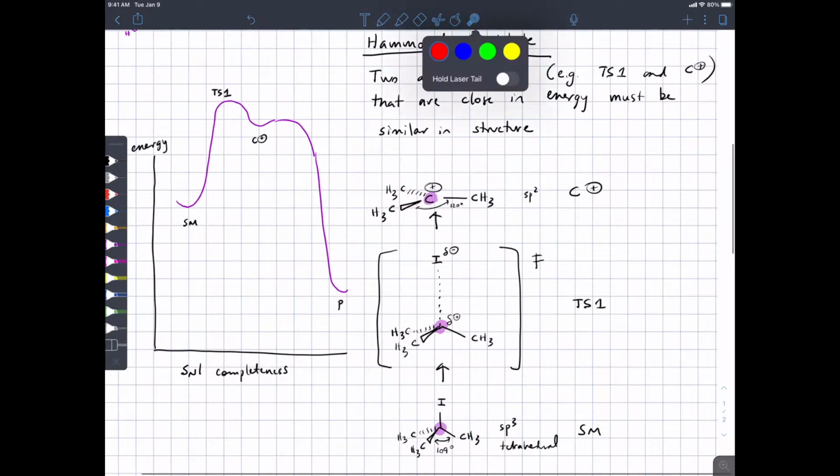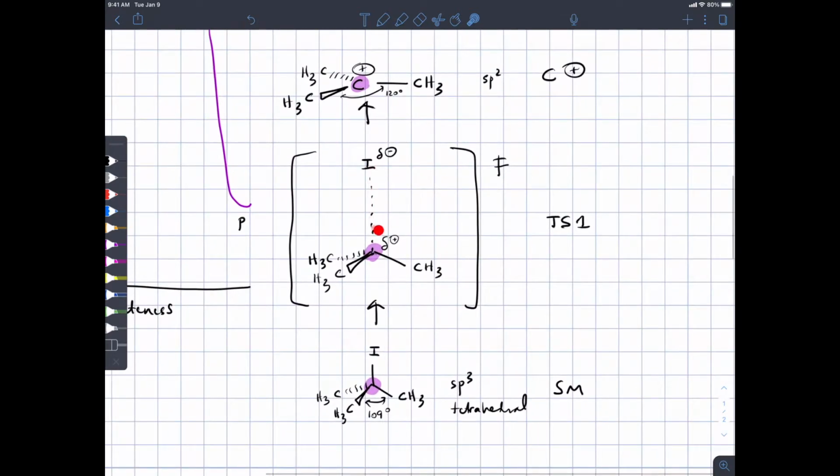Folks asked, why is the carbocation intermediate more stable than the transition state? And the answer is that in the transition state, you've given up most of the stability associated with the carbon-iodide bond, but you've not yet let the methyl groups relax to the complete trigonal planar structure where they're as far apart as possible.